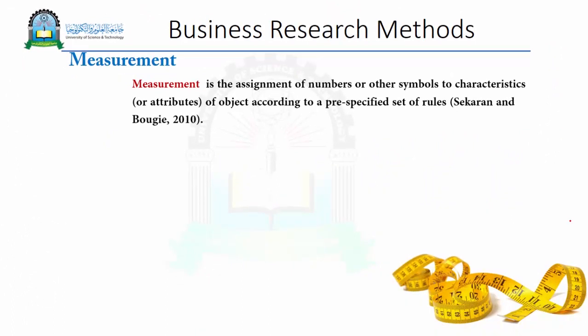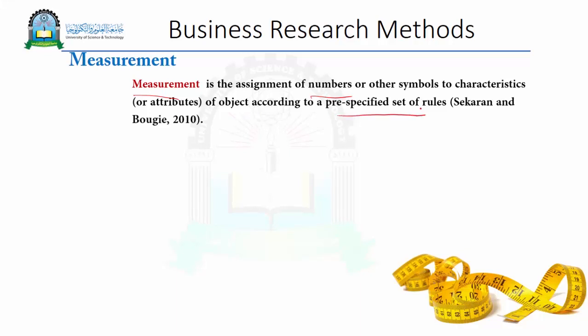Talking about measuring attributes or phenomena or variables, that means we assign numbers. From the word measure, we are talking about numbers, quantity: the assignment of numbers or other symbols to characteristics or attributes of objects according to a pre-specified set of rules.